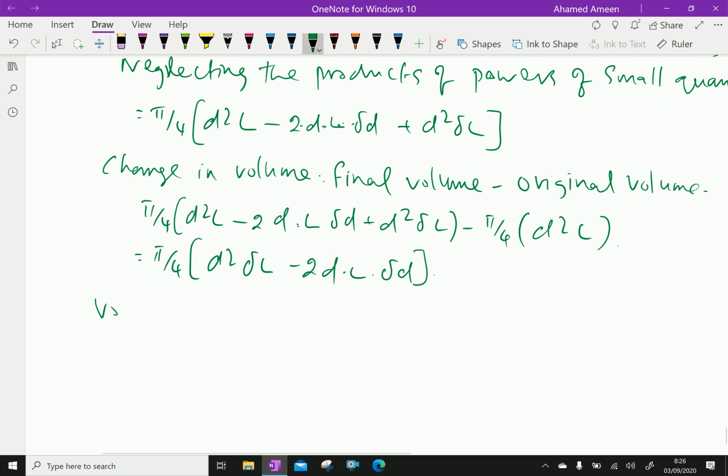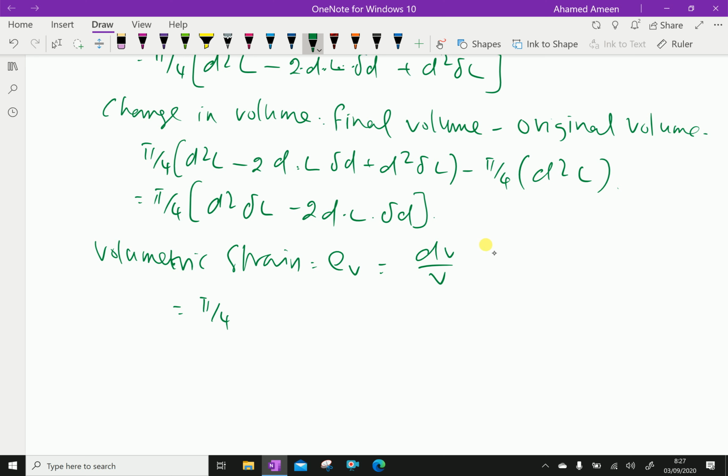Therefore volumetric strain e_v equals change in volume by original volume.